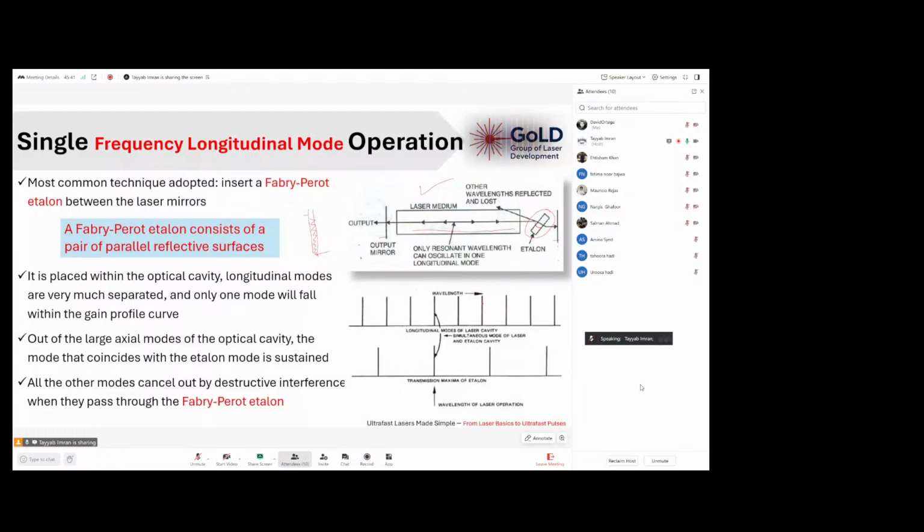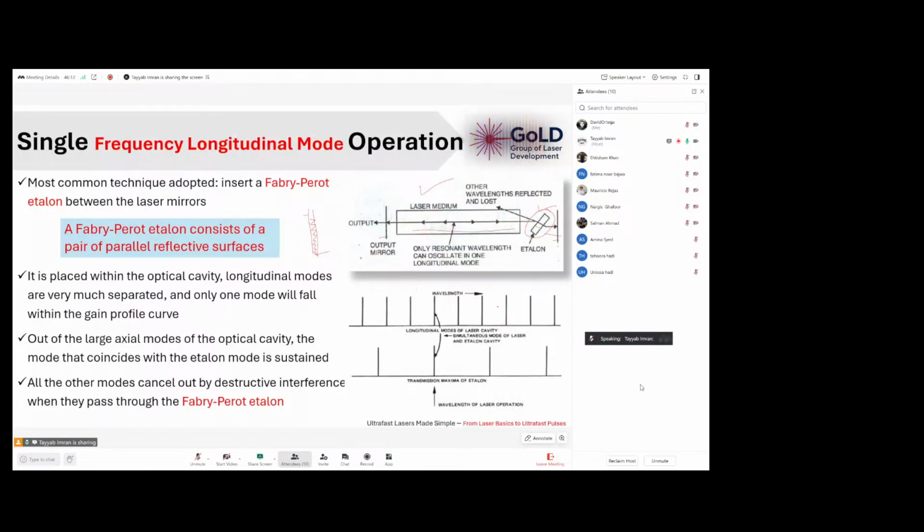Only the modes interfering constructively inside this etalon will pass through. All the other modes which interfere destructively will vanish somewhere, and you get at the output not all the modes, but a few modes.